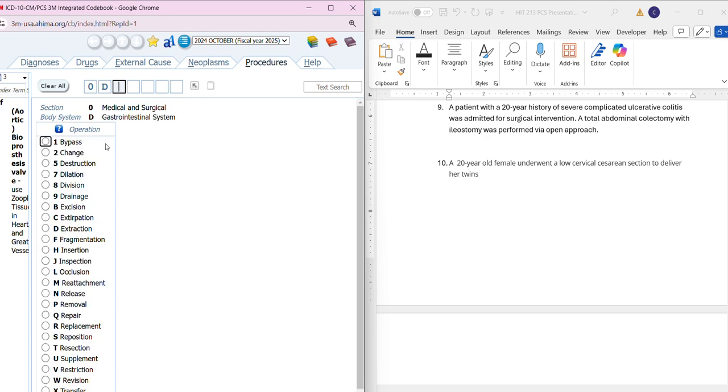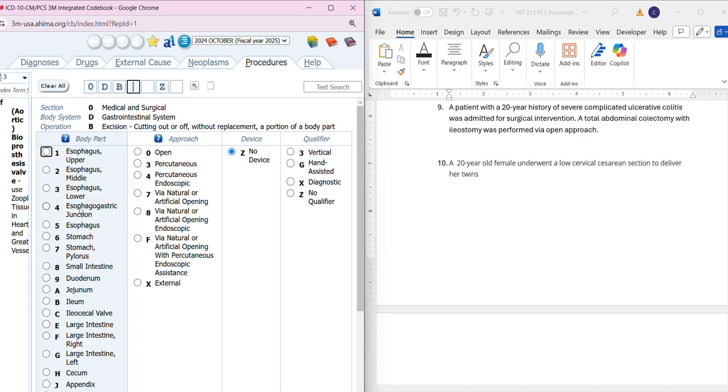Our operation is going to be excision, which is where you remove a body part. And a colectomy is basically when they totally remove your large intestine.